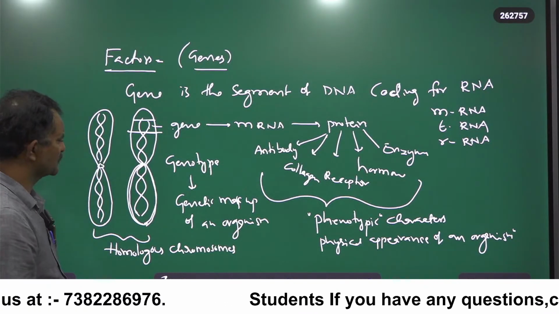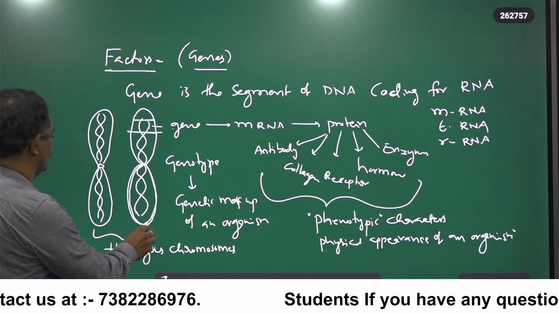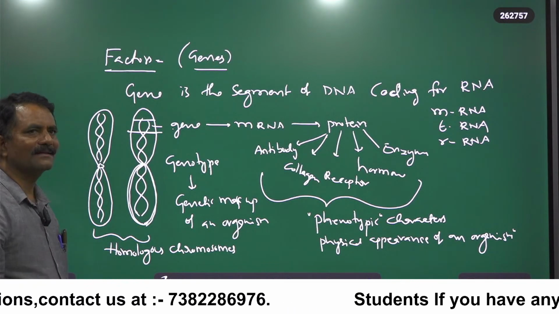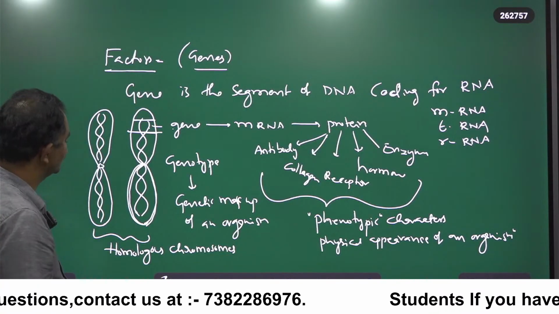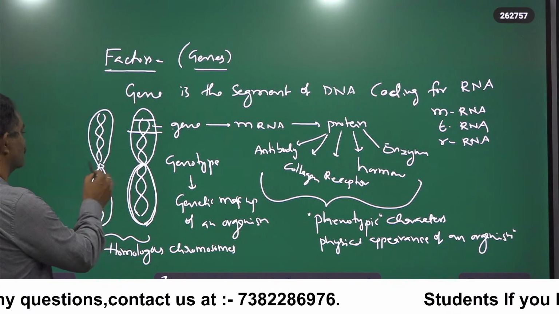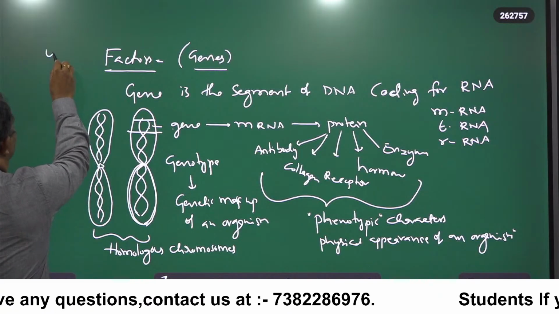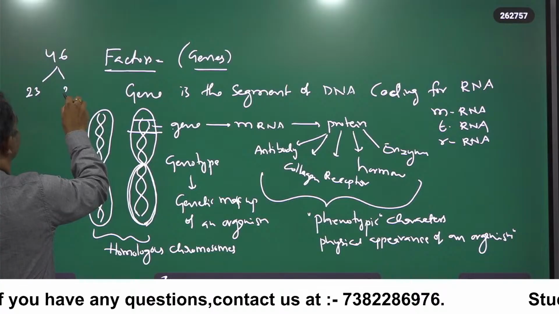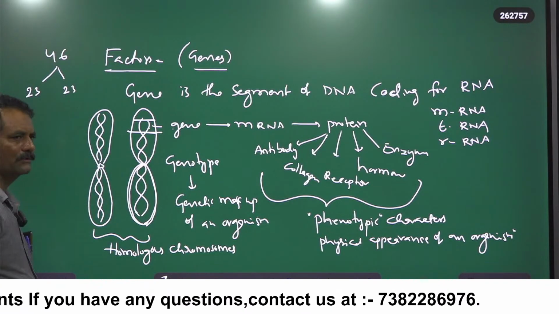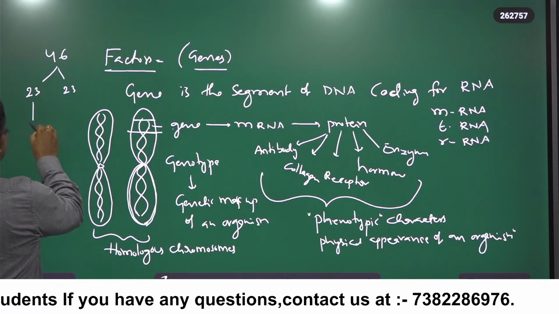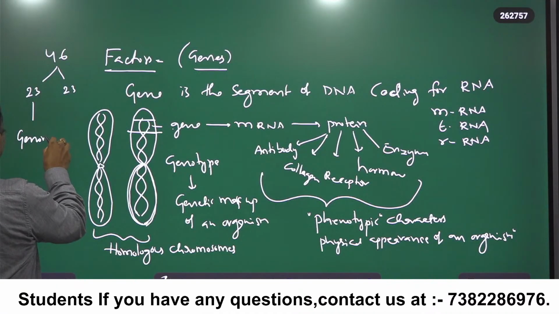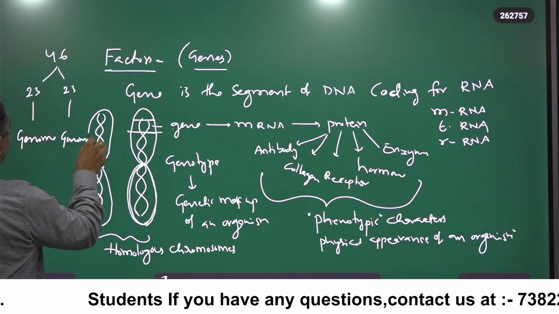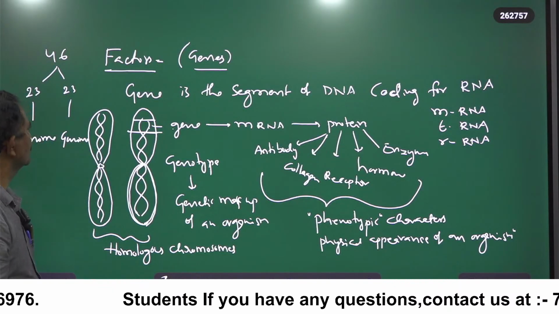What are homologous chromosomes? Homologous chromosomes are the two chromosomes that carry the same genes. We have 46 chromosomes, in which 23 as well 23. These are the two genomes. One genome and another genome.